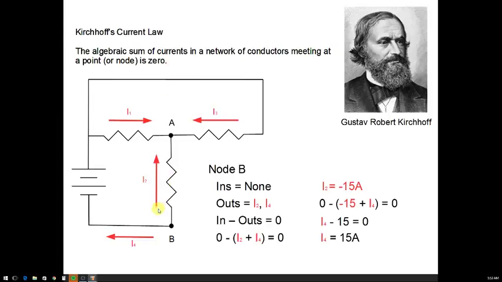So in this case, we have a negative 15 for this current reference. That would be the same as me putting an ammeter on this section from B to A with my positive lead here and my negative lead there.